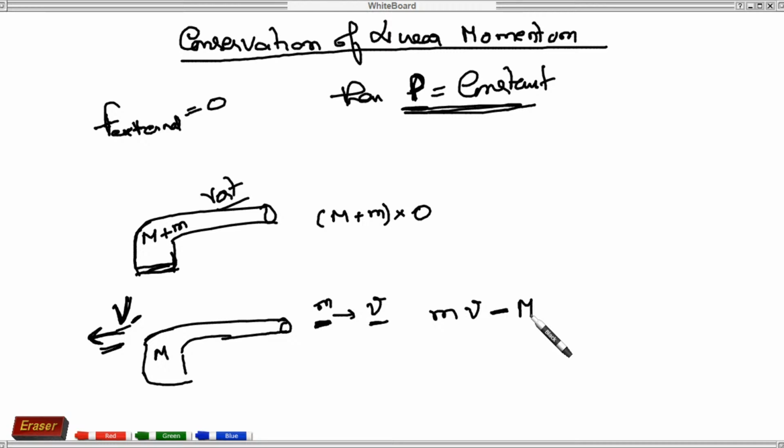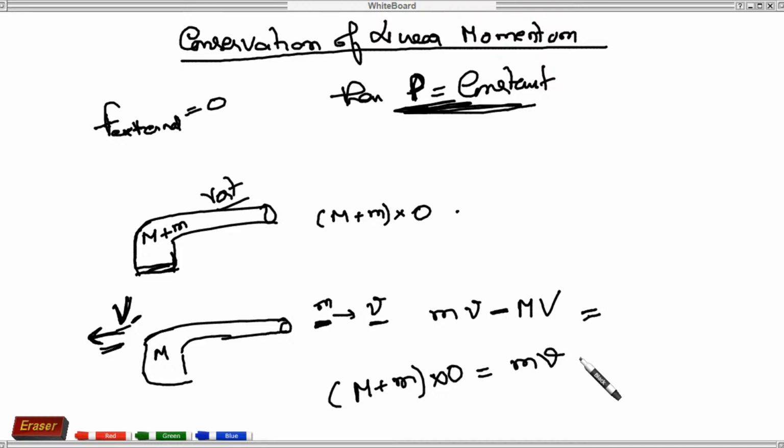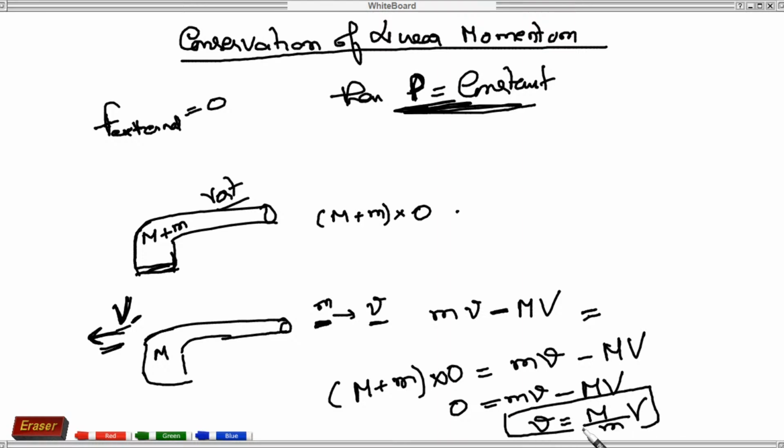Momentum is constant, means initial momentum is equal to final momentum. So M plus m into 0 is equal to m v minus M V. So what came out? M V equals m v, so V is equal to small m by capital M into v. This was the relation between their velocities.